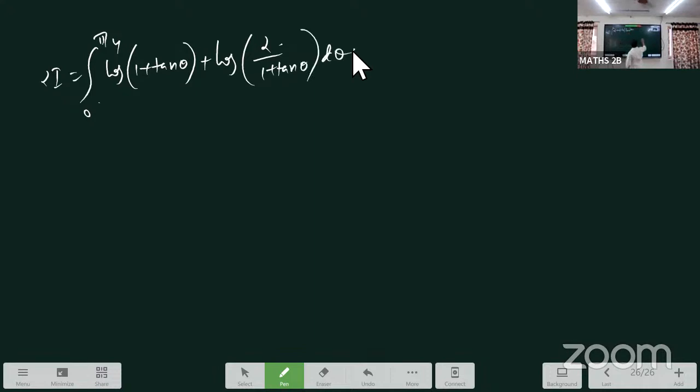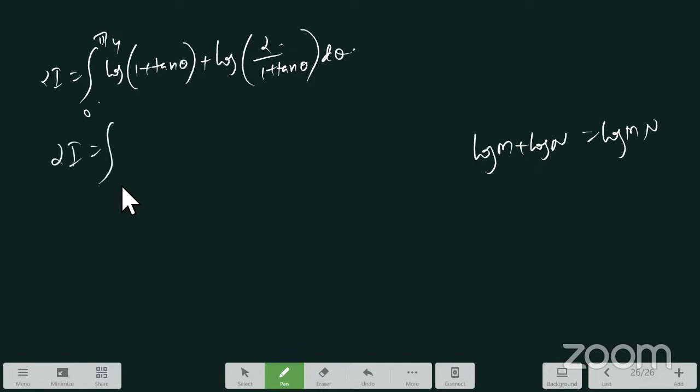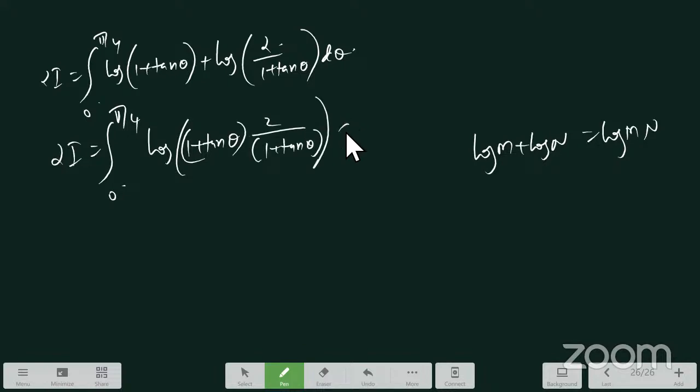But according to logarithmic properties, log m plus log n is log m into n. So in this case, I can write it as 2I is equal to the integral from 0 to pi by 4 of log of 1 plus tan theta into 2 by 1 plus tan theta d theta.